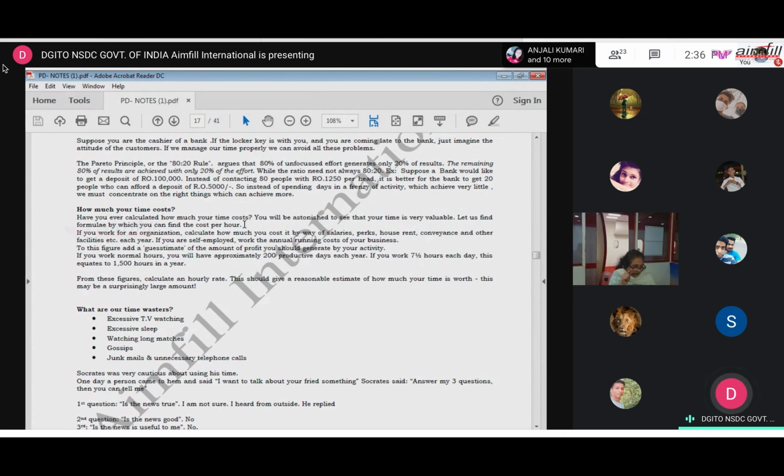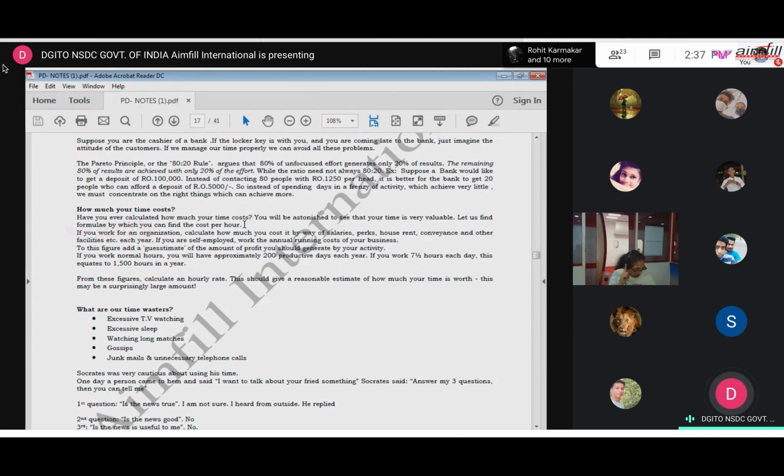Sixth, cost of time per minute. 330 divided by 60. Answer will be 5.50.